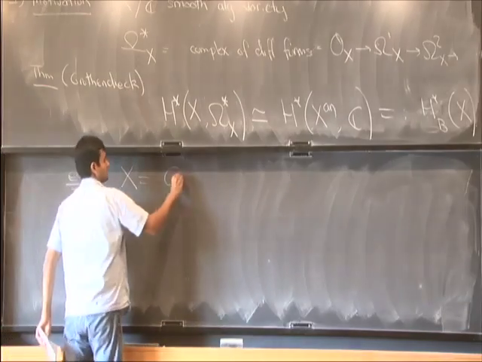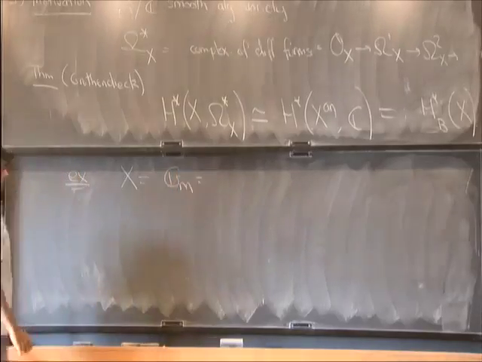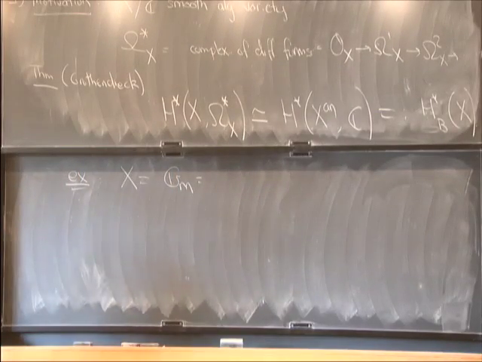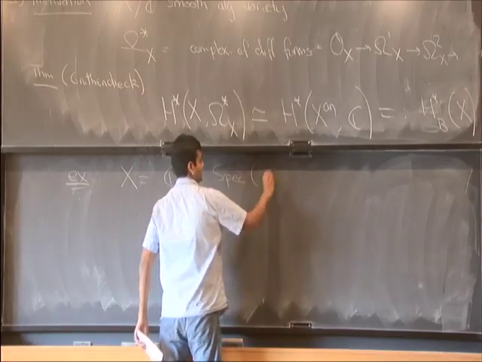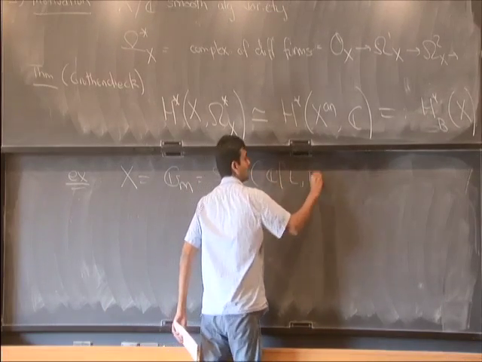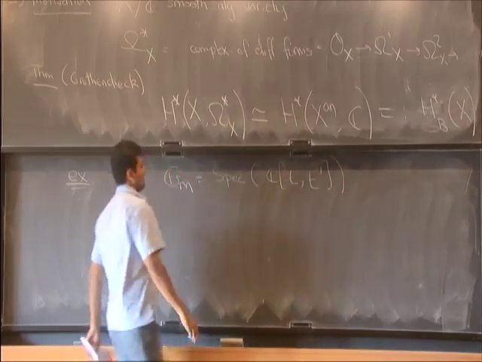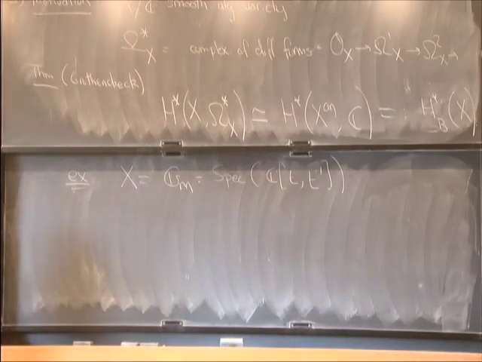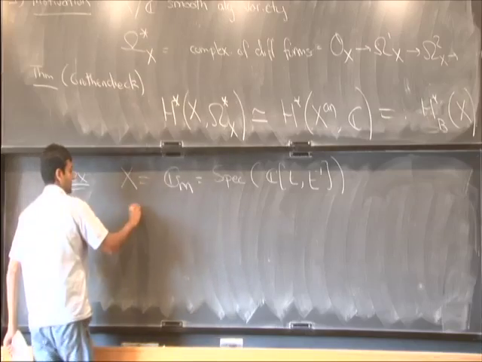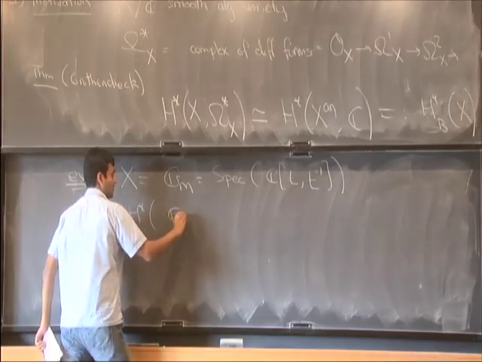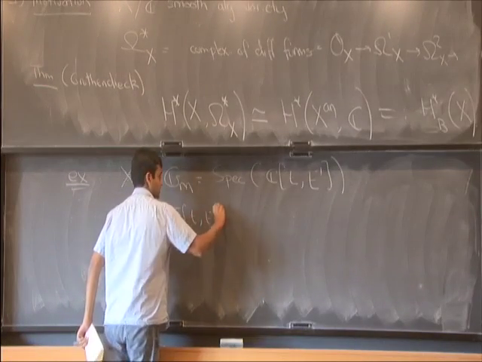Just an easy example of how this works. Let's say X is G_m, by which I mean C minus a point. And I'm going to think of this algebraically, in terms of its ring of functions. So the ring of functions is just C adjoined one variable t and its inverse. And so the left-hand side, the de Rham complex, is just the cohomology of the following explicit complex.